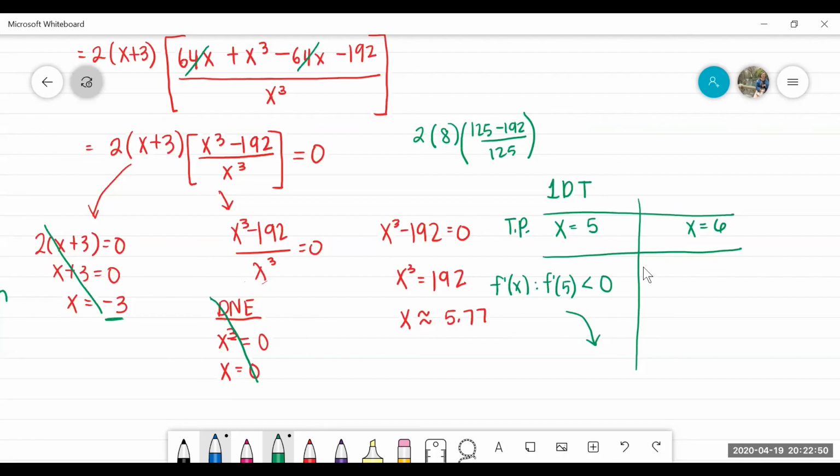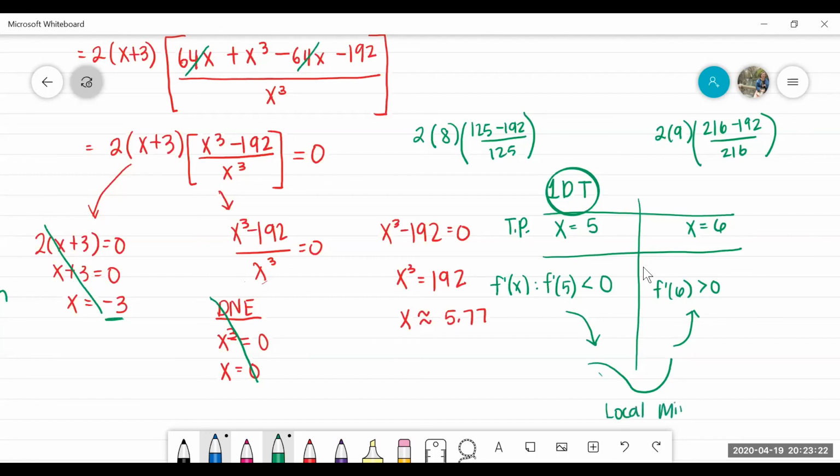If we plugged in 6, this would be 2 times 9, and 6 to the third power is 216 minus 192 over 216, which means f prime of 6 is a positive value, and we're increasing. So by that first derivative test, because we're going from decreasing to increasing, that makes this point a local minimum.